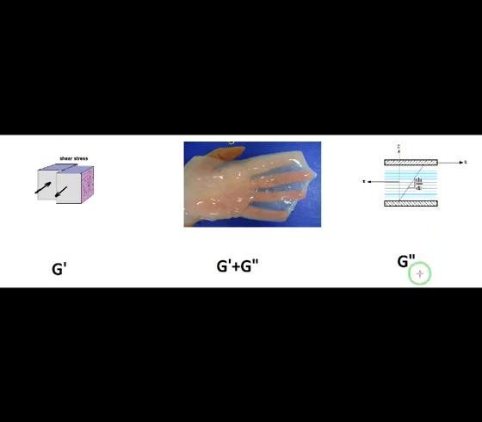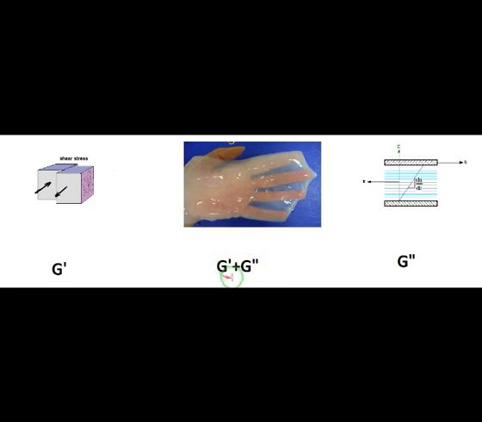So based on the viscosity of the liquid, we will define another modulus which is called G double prime, and we will see that for the hydrogels we will have a modulus which is a combination of both the solid and the liquid, something in between.